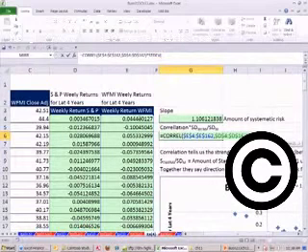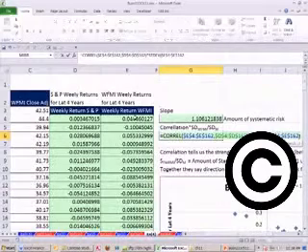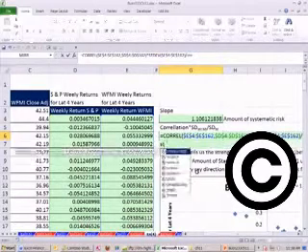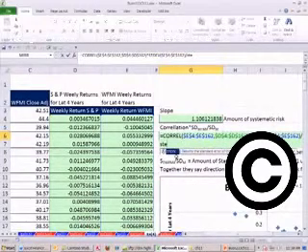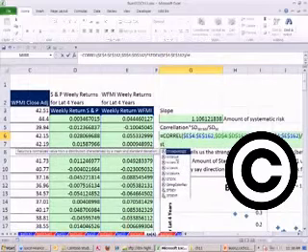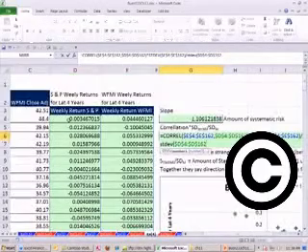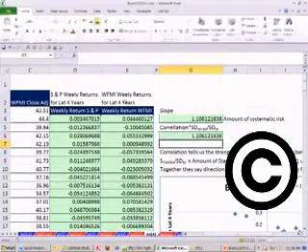Oh, standard deviation of Whole Foods Market. So I'm going to click there, Control-Shift down arrow, F4, divided by, because we want total risk per unit of the market risk. So I'm going to do another stdev. And this one will be of our market, which is the S&P. Control-Shift down arrow, F4, and that ought to do it.